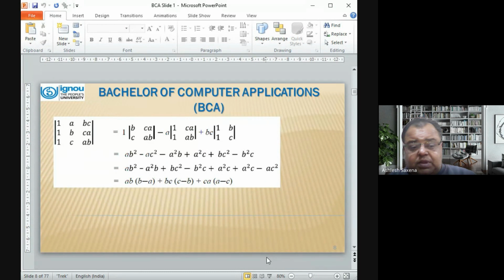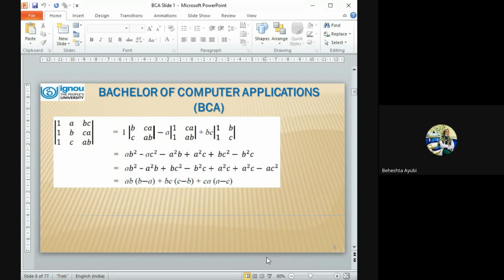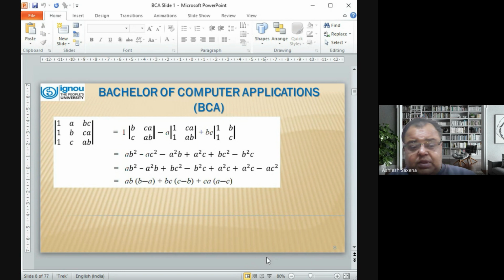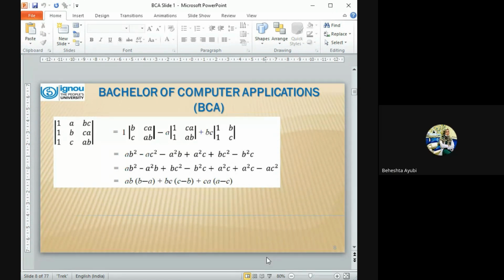Where is it the same? I tell you, if that column is 1 1 1, if any other column C2 or C3 is 1 1 1, then only the determinant value will be 0. I will be discussing that, don't worry.